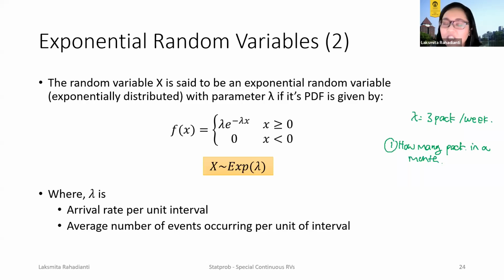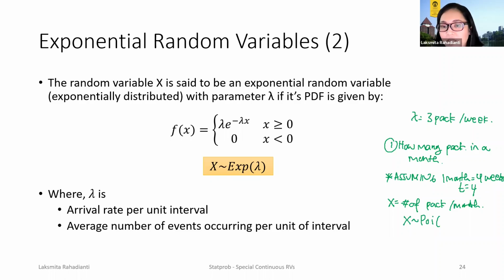Assuming, I'm just going to round up here, 1 month is 4 weeks, my T would be 4. And thus my X, the number of packages per month, would follow a Poisson distribution of lambda times T.